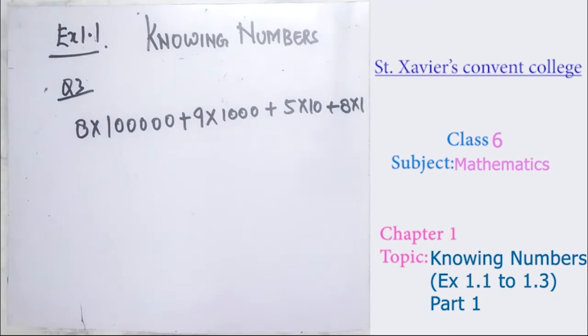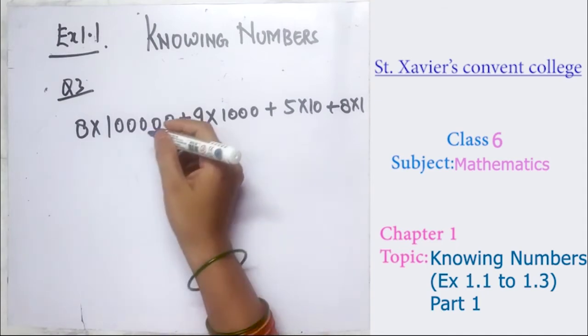This is given in the expanded form, and you have to accumulate these into a simple number.